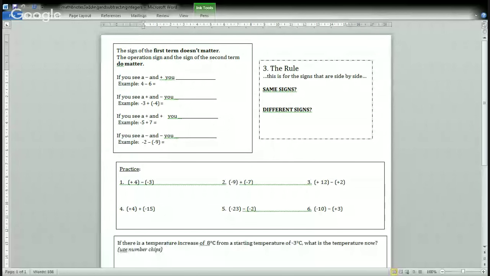Okay, welcome back. All right, if you're not quite ready, you can just pause the video. If you are, here we go. People with the rules. The rule only applies to the second two sides.